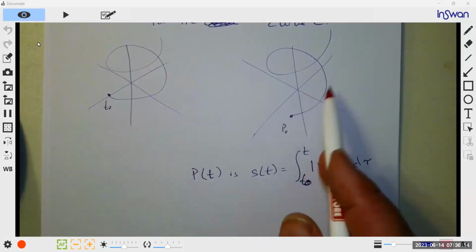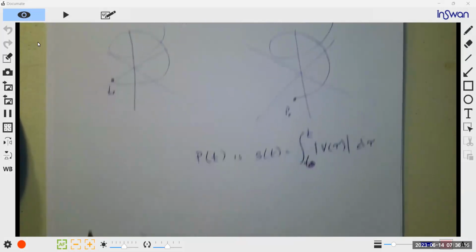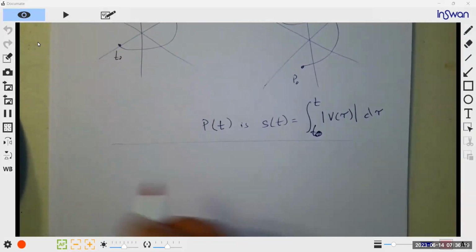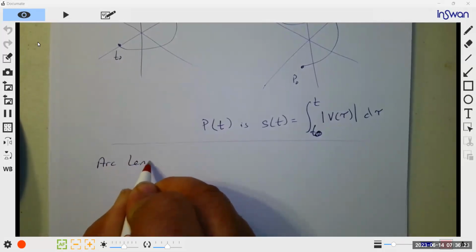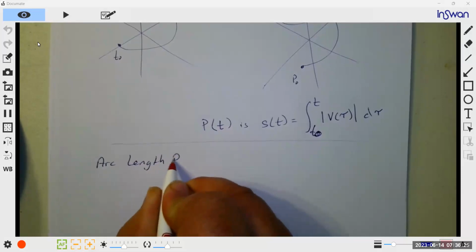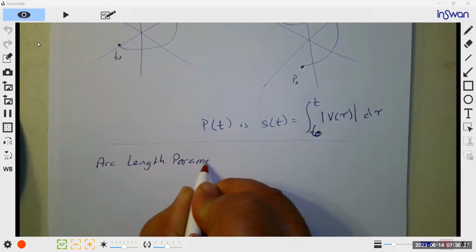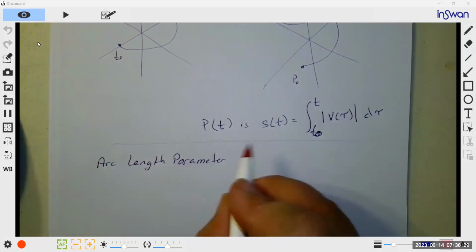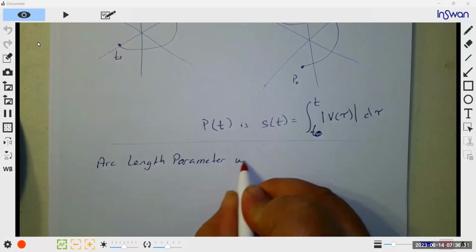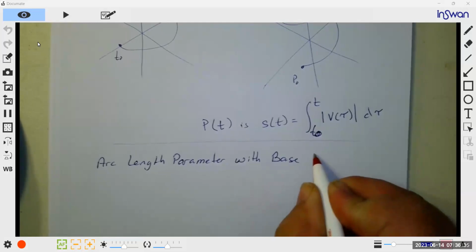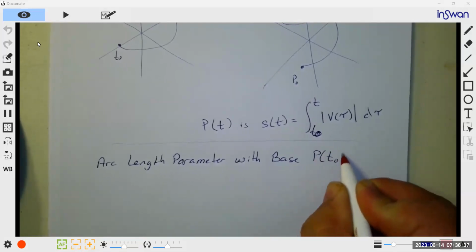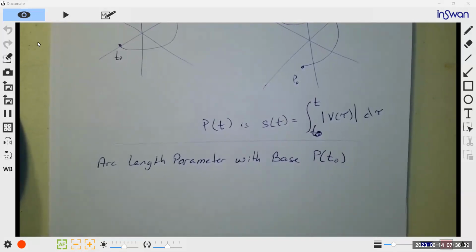That's what this is saying. So the arc length parameter has some base at some other point along the curve.